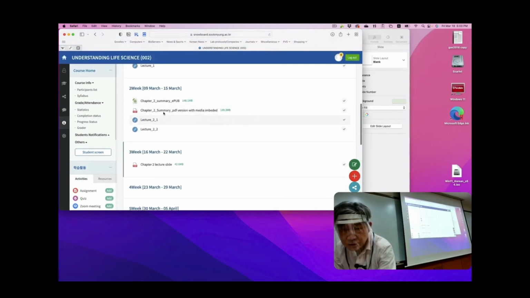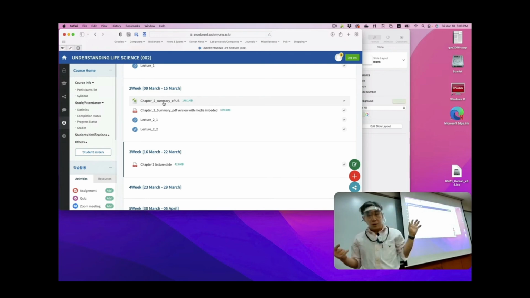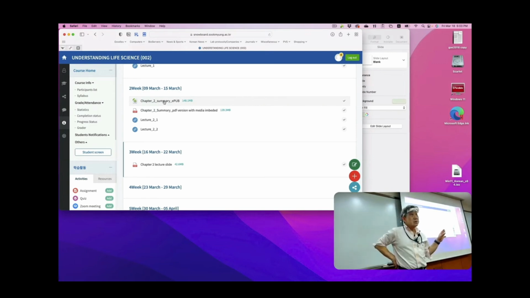So here you have these two handouts regarding chapter 2, which are textbooks. The reason you have two different versions, chapter 2 summary EPUB, is that this is for the Macintosh users.